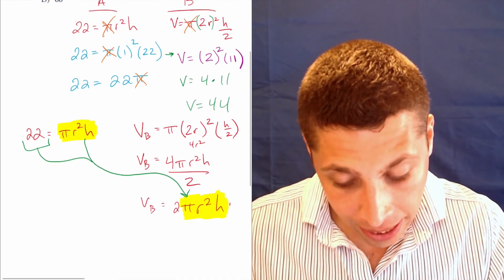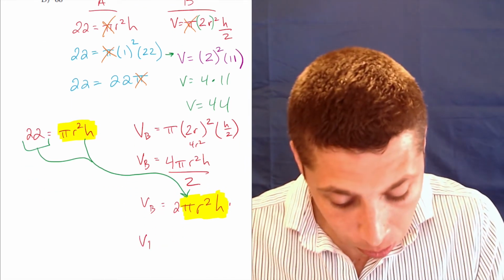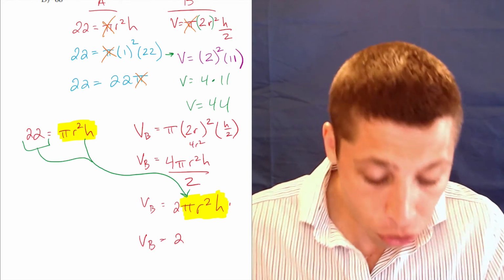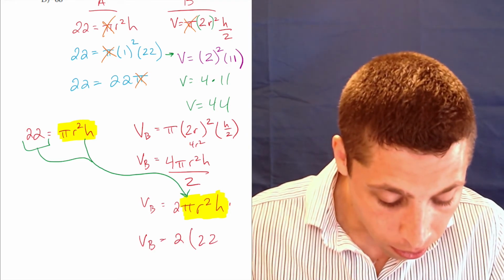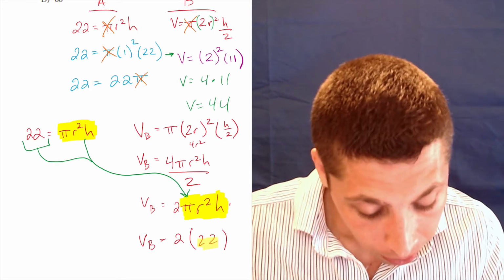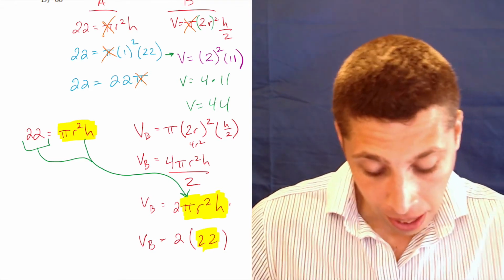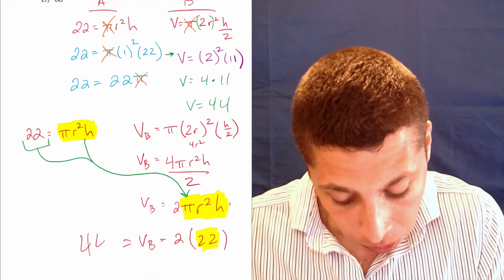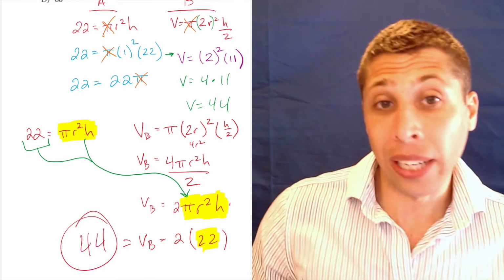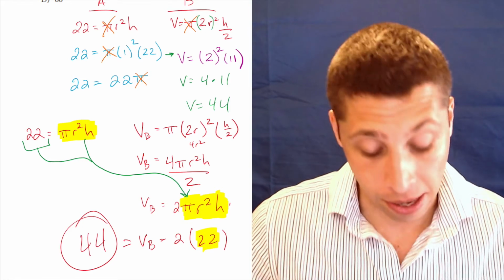And suddenly I get that the volume of B is equal to 2 times the 22, where, just to be clear, the 22 is what this unit represents. And there you go. That is equal to 44. Same answer that we got when we plugged in and used arithmetize.